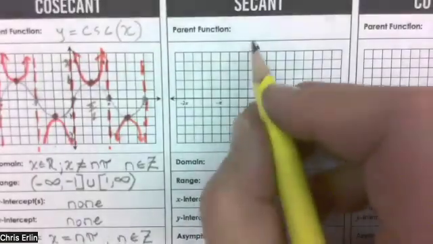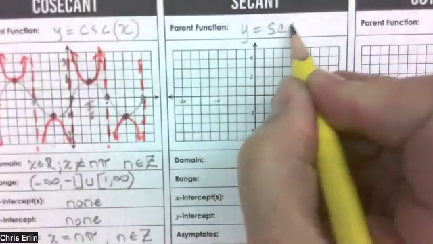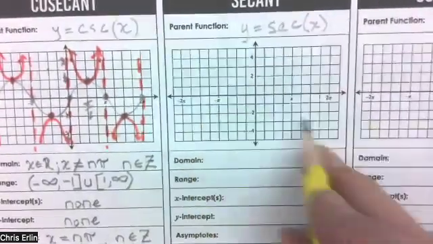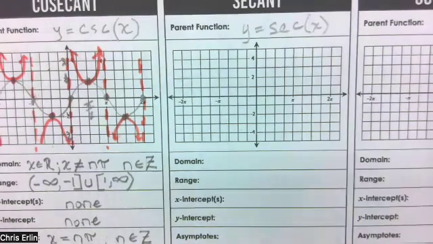What do you guess is going to happen when we move over here to secant? First, sketch the cosine, then do the reciprocals.